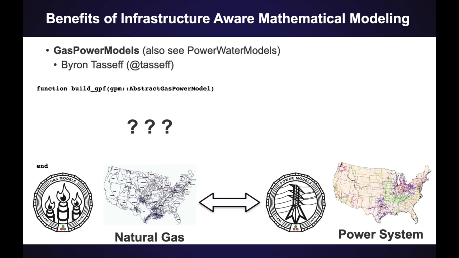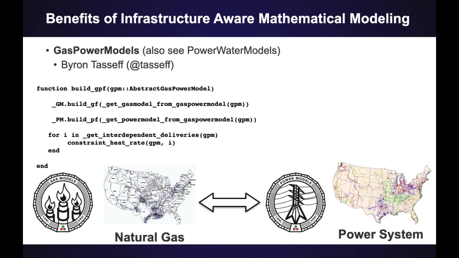So we have this package called GasPowerModels and also PowerWaterModels that combine these. And the big question is like, what does this build gas power flow problem look like? And the beautiful thing is that it mostly just delegates to the sub packages. So for example, in this case, we've developed a way where you can just say build a gas flow problem, and here's the JuMP model you need to add it to.